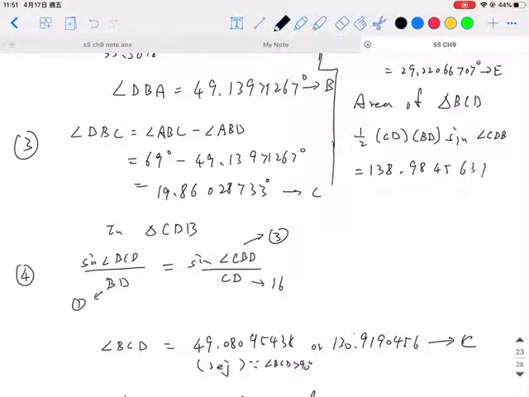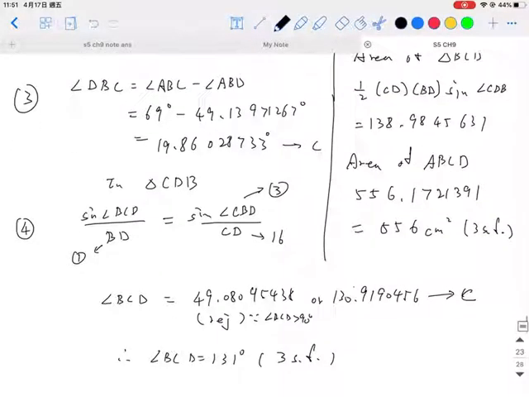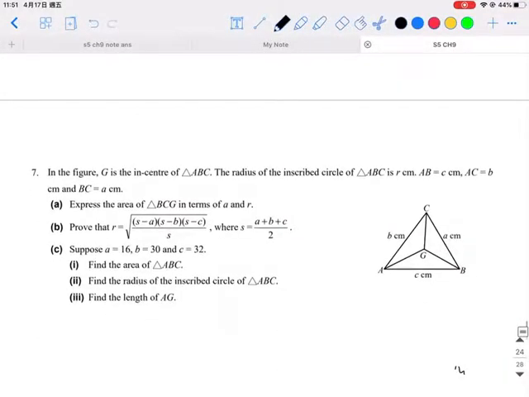So you just add up these two areas, you can get the area of the quadrilateral. So it should be equal to 556 point something, and for 3 significant figures. So that's the end of worksheet 6, and I will show you question number 7 in another video.